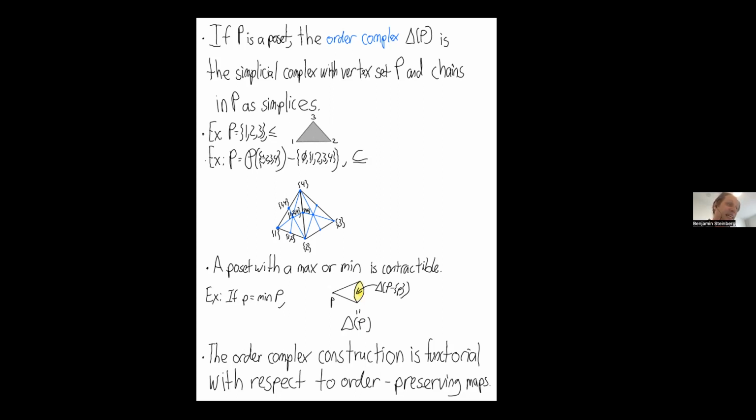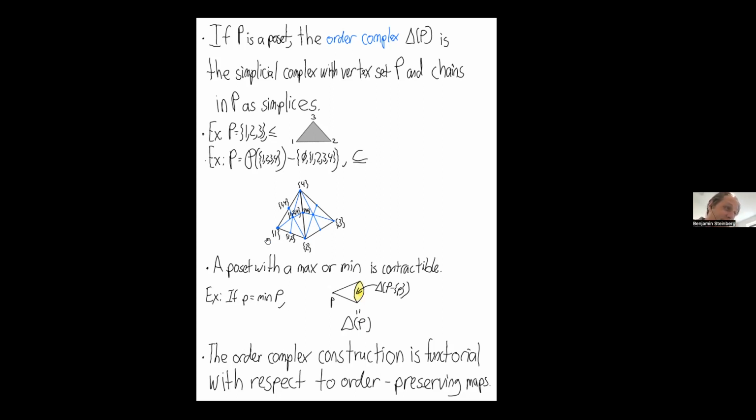A more interesting example is take the power set of 1 through 4 and remove the empty set and the full set. So the proper non-empty subsets of 1 through 4 under containment. And the order complex is the barycentric subdivision of the boundary of the simplex with vertices 1, 2, 3, and 4.